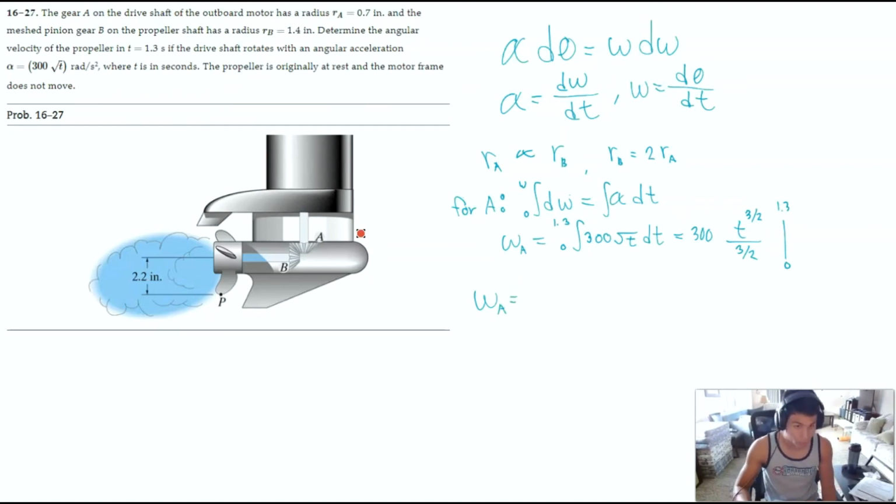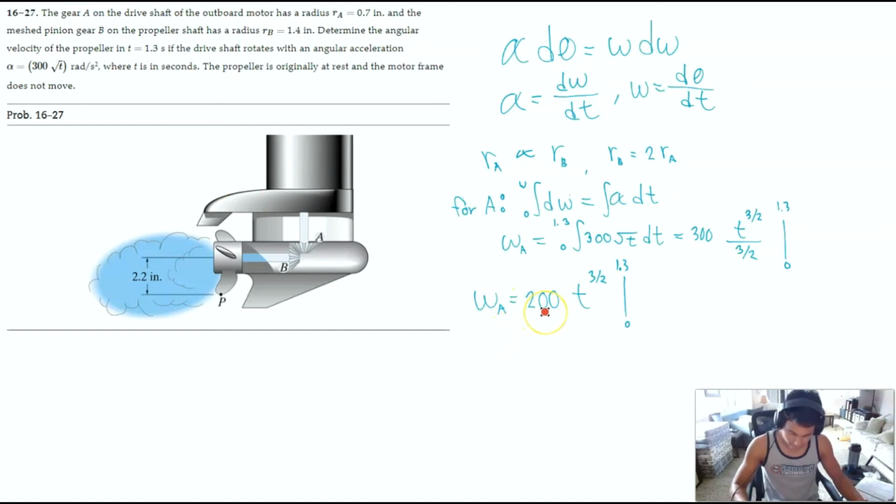That's going to be 300 divided by 3, which is 100. 100 times 2 is 200, so we'll have 200 t to the 3 halves, 1.3 to 0. I don't need to calculate this initially right now. I could just hold off for now.